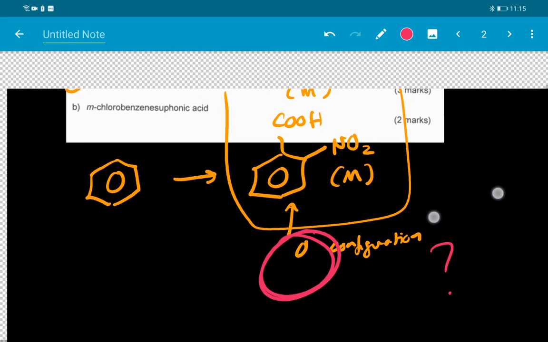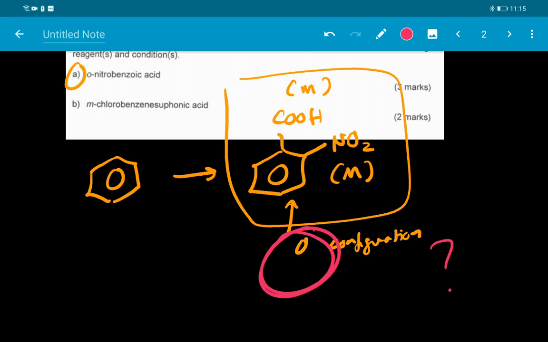Okay, this requires us to look a step back to see the COOH. Before it became a COOH, it originated from the alkyl group.